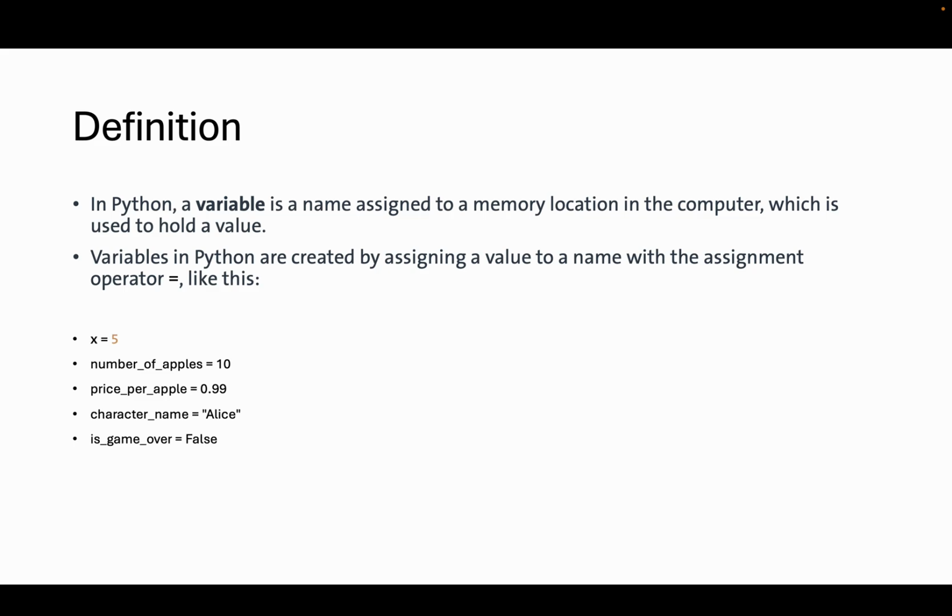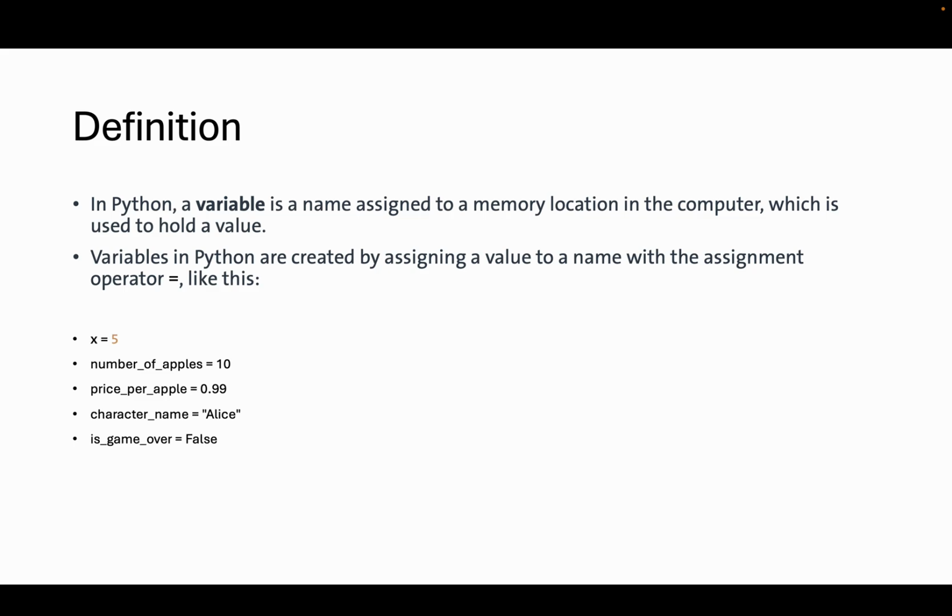For example, the variable x, which takes the value 5. We have a variable called number of apples that we can initialize with 10. Price per apple, which is a floating point variable, which will get the value 0.99.